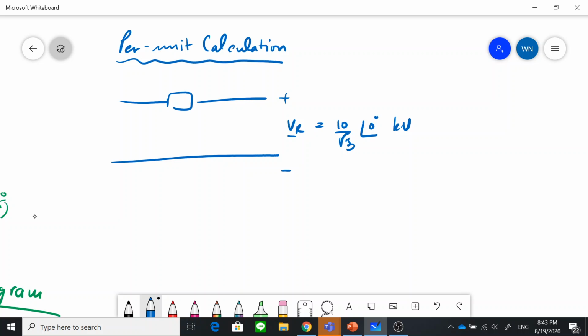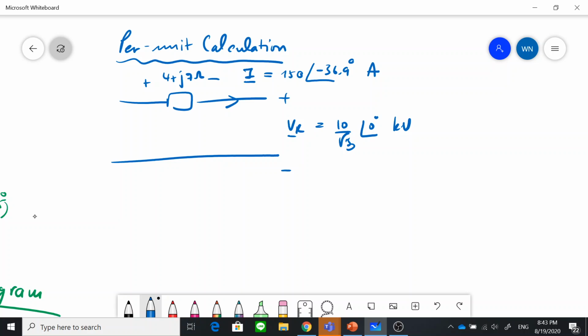And this is the Z, which was given as 4 plus J7 ohm, and the current flowing in this is I. The complex quantity would be 150 amp, with an angle of negative 36.9 degrees, in amp.